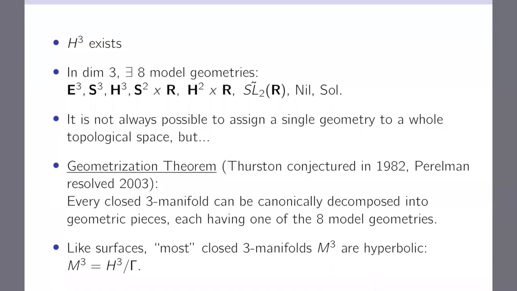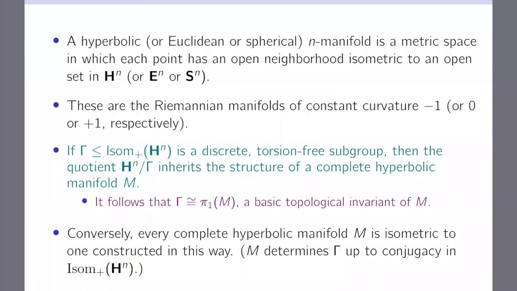what's notable is that just like in the case of surfaces, most closed 3 manifolds, right? So surfaces are 2 manifolds, most are hyperbolic. And I will leave that in quotes. All right, so hyperbolic manifolds, we've also already gone over this one. The important thing to remember is that I'm extending this from dimension n equals 3 to all dimensions n, right? So it's the same.